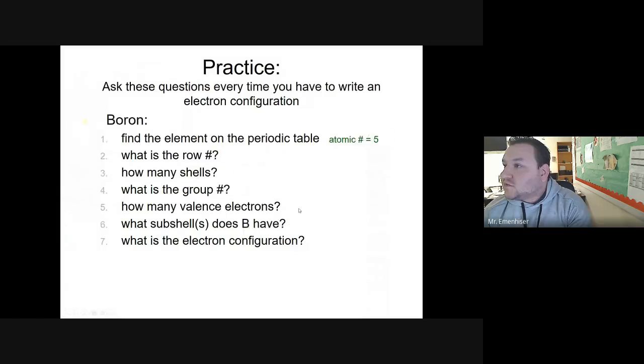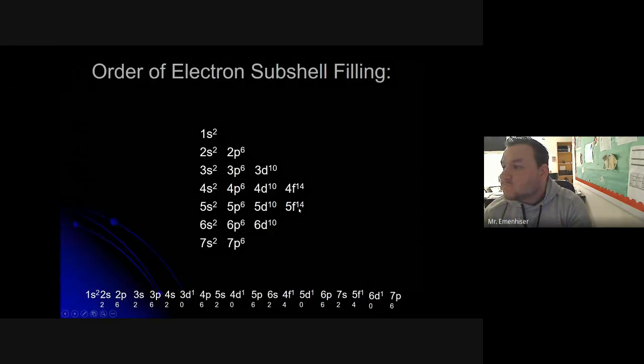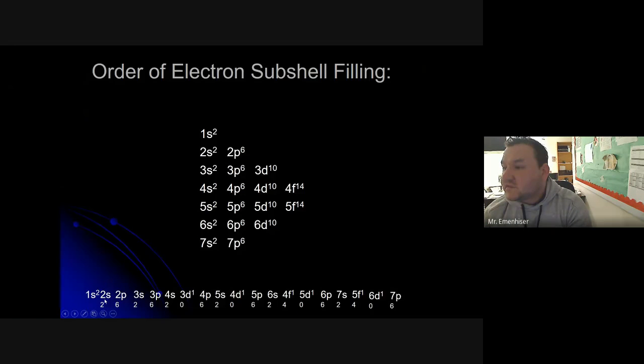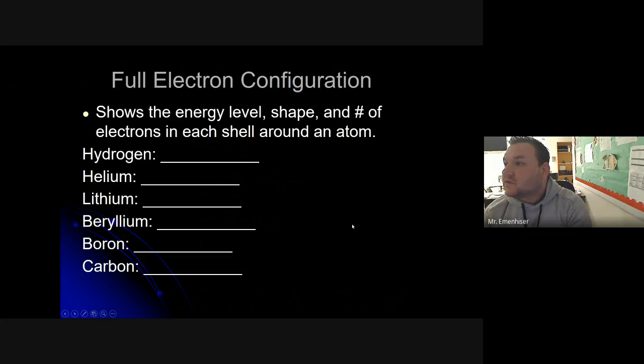Okay, so we did lithium, we did boron. Here's the complete configuration, and we did this a minute ago. 1s2, 2s2, 2p6, 3s2, 3p6, 4s2, 3d10, and so on. It keeps going. Okay. All right, let's write the full configuration for these guys. I'm going to do this in red. So hydrogen, 1s1.